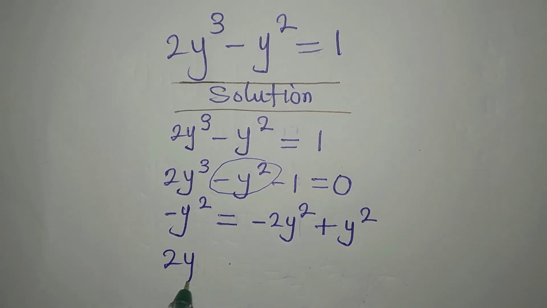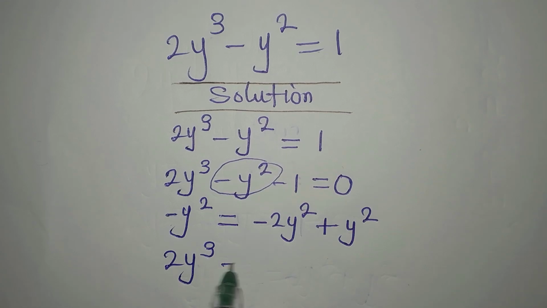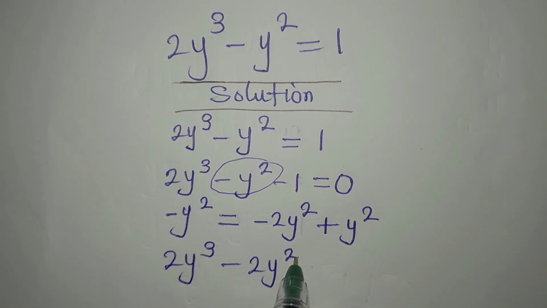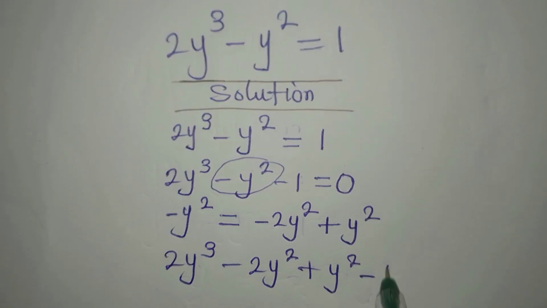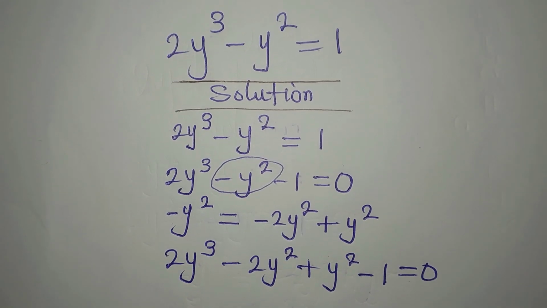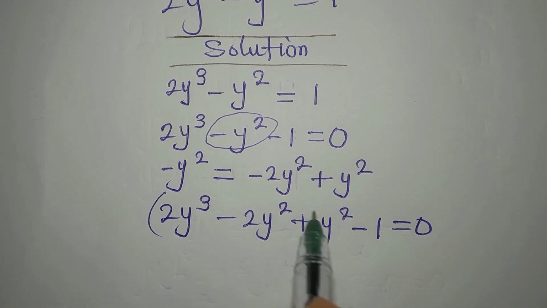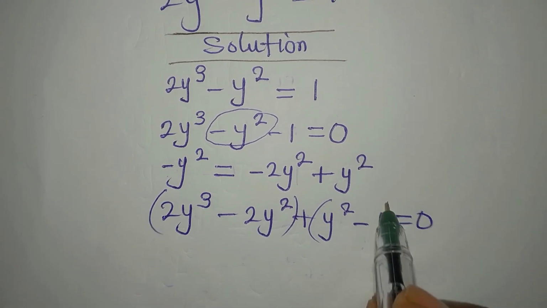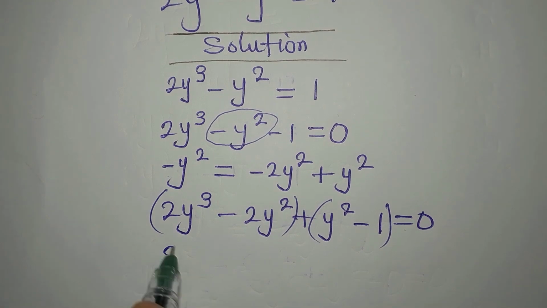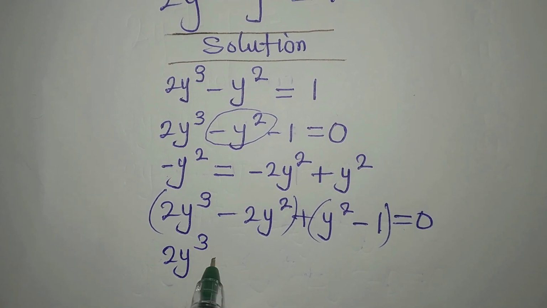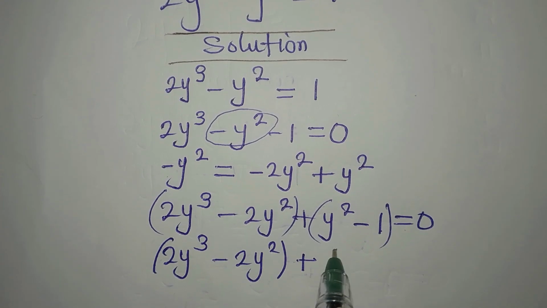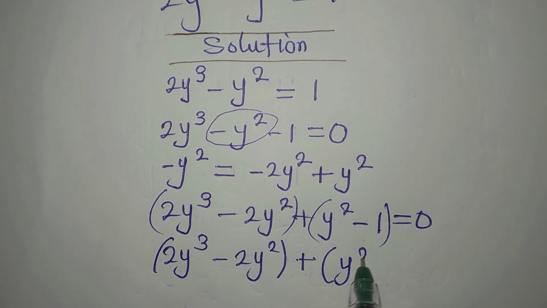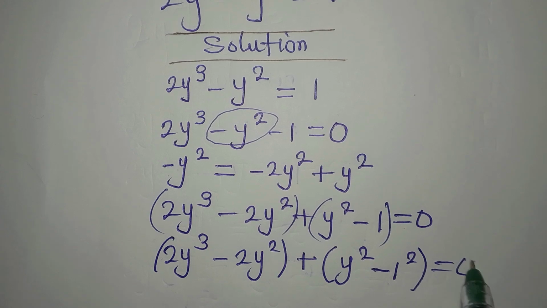So we have 2y to the power of 3 minus 2y squared plus y squared minus 1 equals 0. Now these two we will factorize and these two we will factorize. 2y to the power of 3 minus 2y squared, then plus here we have y squared minus 1 squared. This is equal to 0.